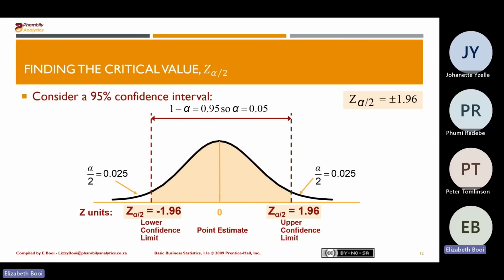Now how do we find the critical value? This is where I was trying to explain. If we need to consider that we're doing a 95% confidence interval, then in order for us to find our alpha value, we're going to equate 0.95 to 1 minus alpha.